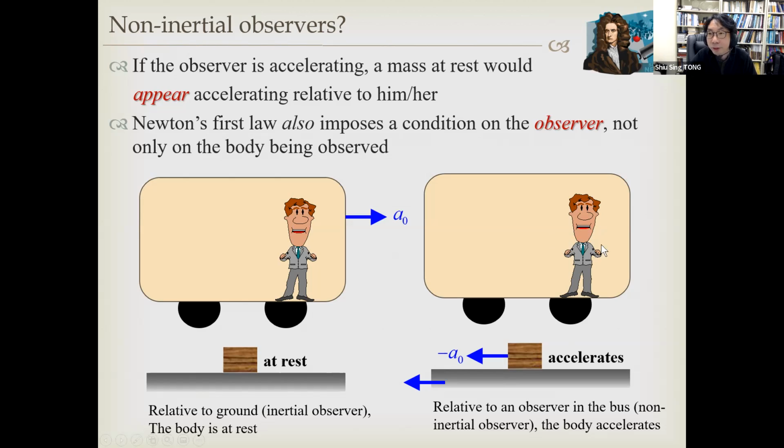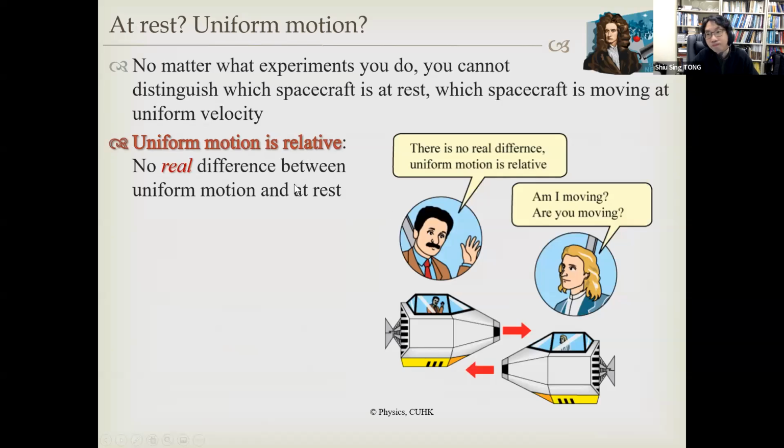So this observer is not a good observer, because if we apply Newton's second law to this body, he will wrongly conclude that this body is subjected to a net force, which is not correct, right? So an accelerating observer is not the right observer to apply Newton's law. He cannot apply Newton's law in this way. Okay, so you need some condition to be imposed on the observer.